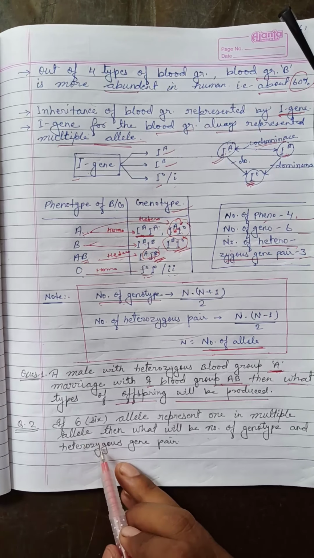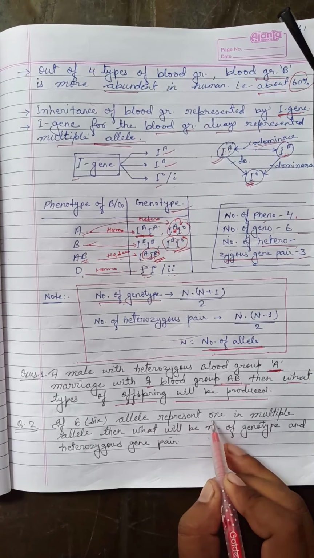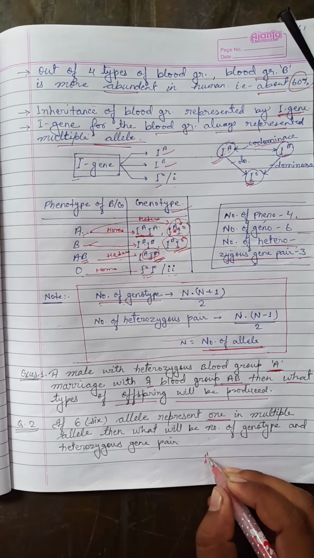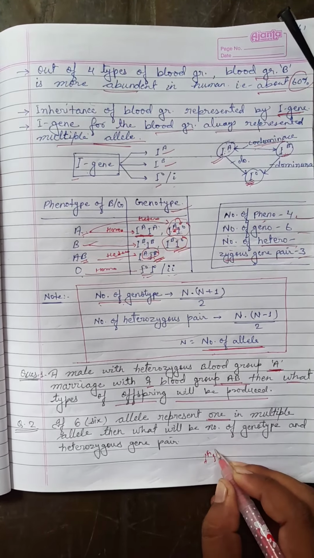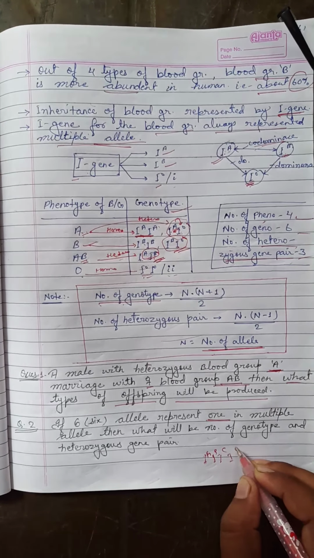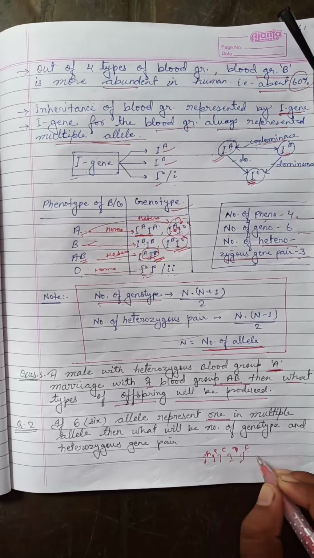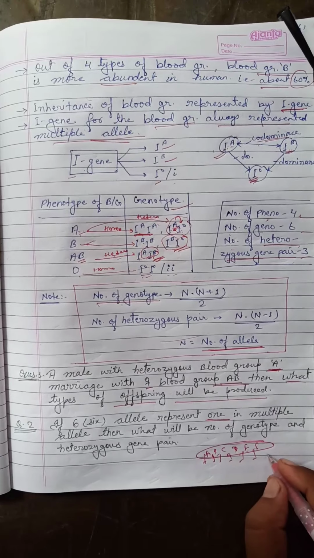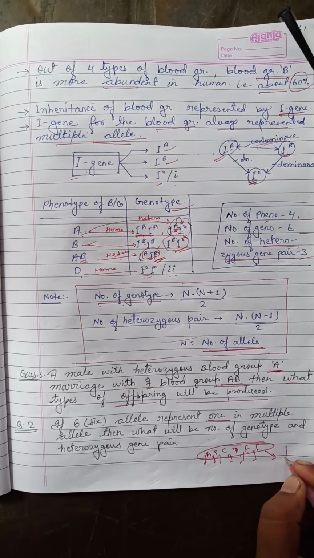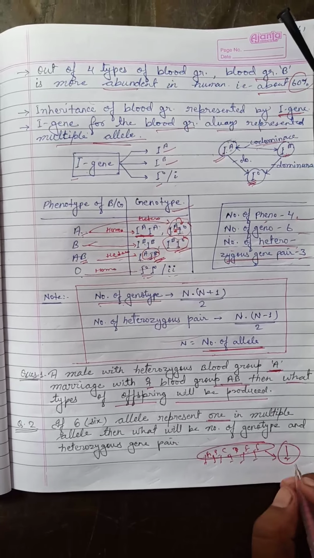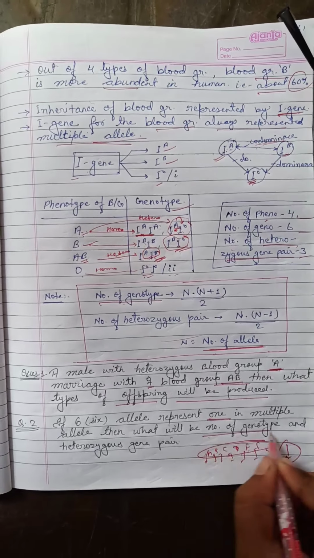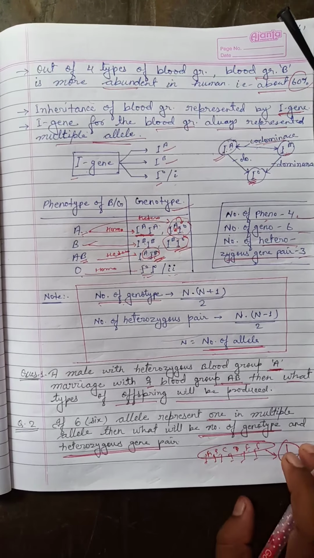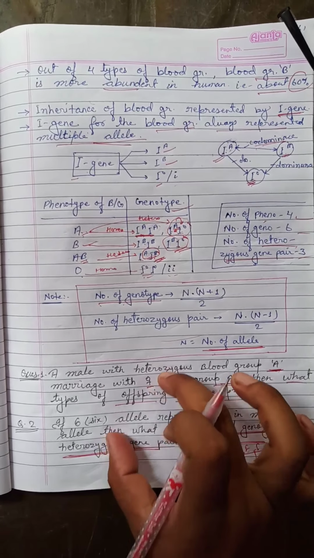This is the first question, and this is the second question. If 6 genes or 6 alleles are represented as A, B, C, D, E and F, that is 6 different alleles represented as a single set, then what will be the number of genotypes and what will be the number of heterozygous gene pairs? These are 2 different questions.